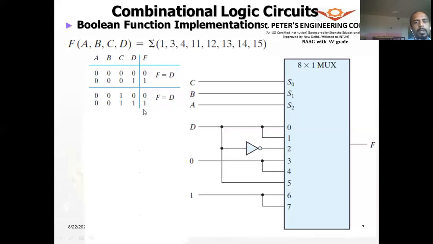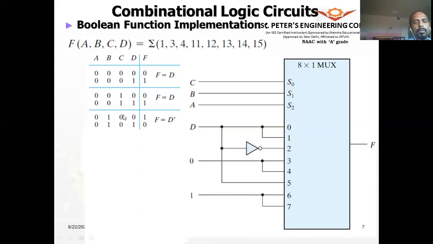And next, what happens for minterm M4? For M4, that is for the combination when A is 0, B is 1, and C is 0, when D is 0, the function should be 1.